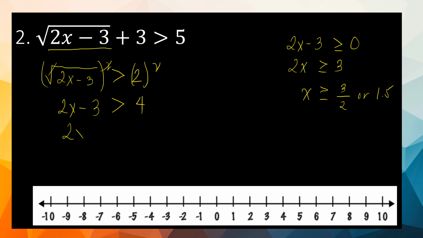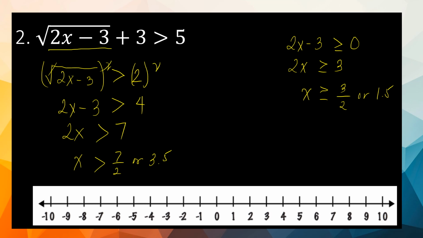Transpose negative 3 to the other side, so that would be 4 plus 3, which is 7. Divide both sides by 2. You will have x is greater than 7 over 2, which is the same as 3.5.